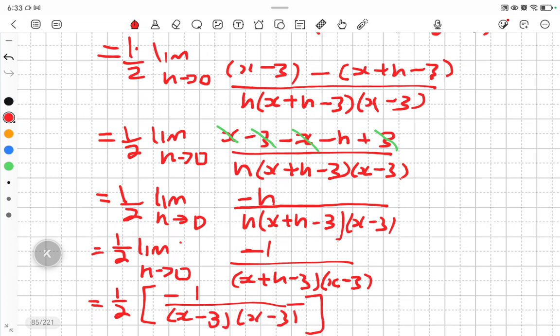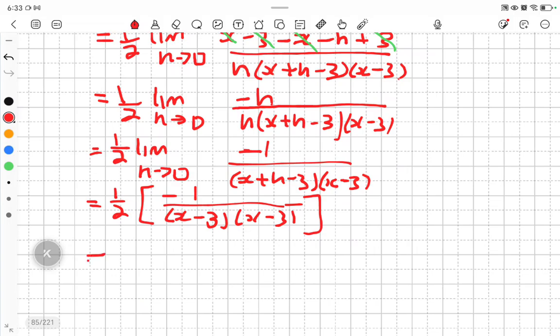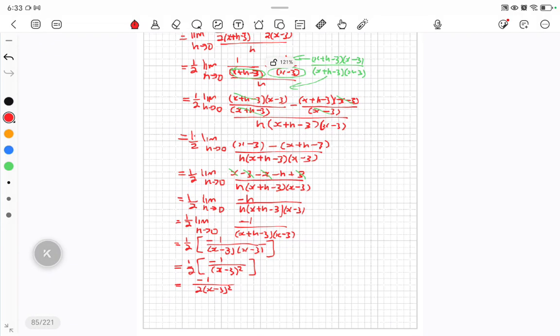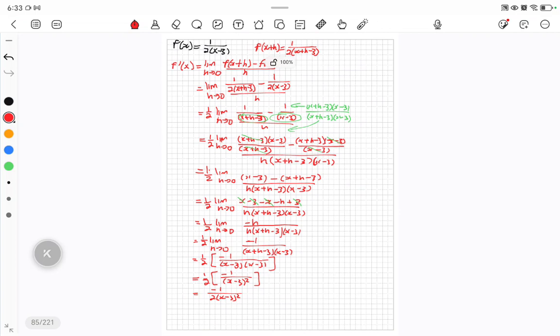Then the x minus 3 factors combine, they become squared. Then we'll have minus 1 over 2 times x minus 3 squared. You see? That's the solution to that.